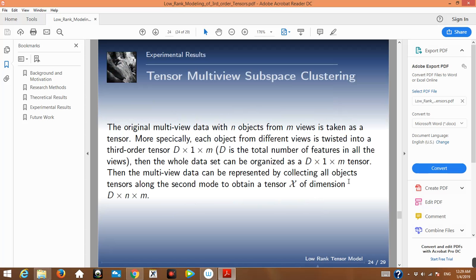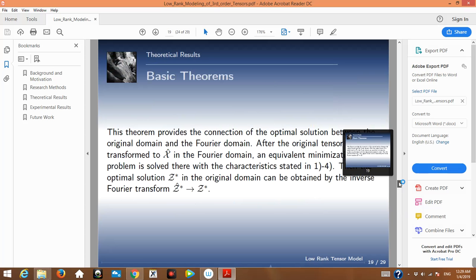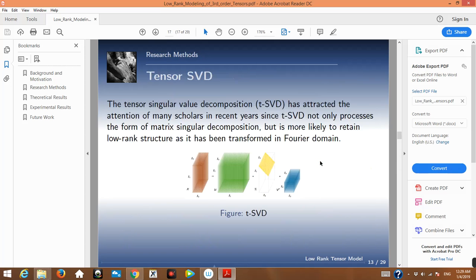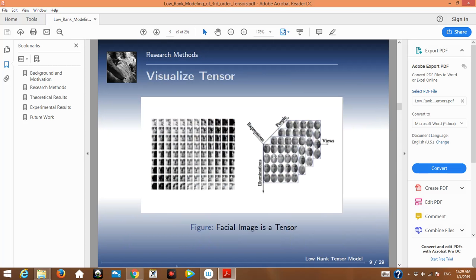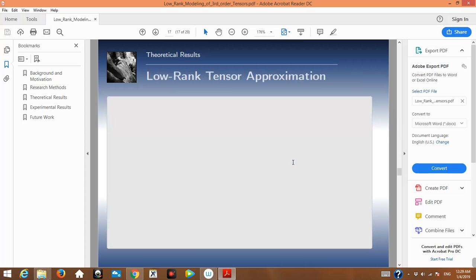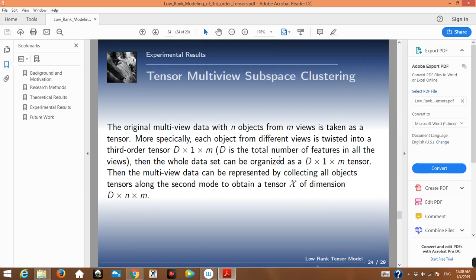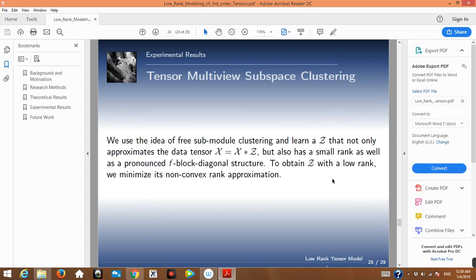Another application of tensors is tensor multi-view subspace clustering. I already told you that facial image data can be stored as a tensor. That is, we can group the image data into a tensor by using different views and different features. In this way, we can solve such an optimization problem.